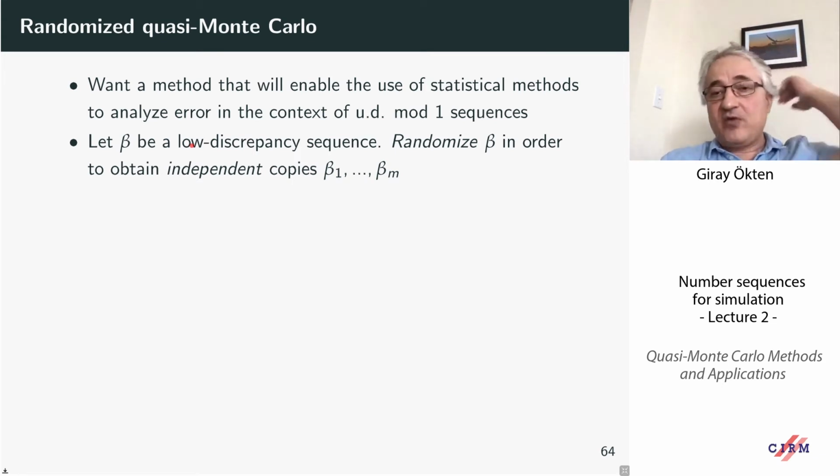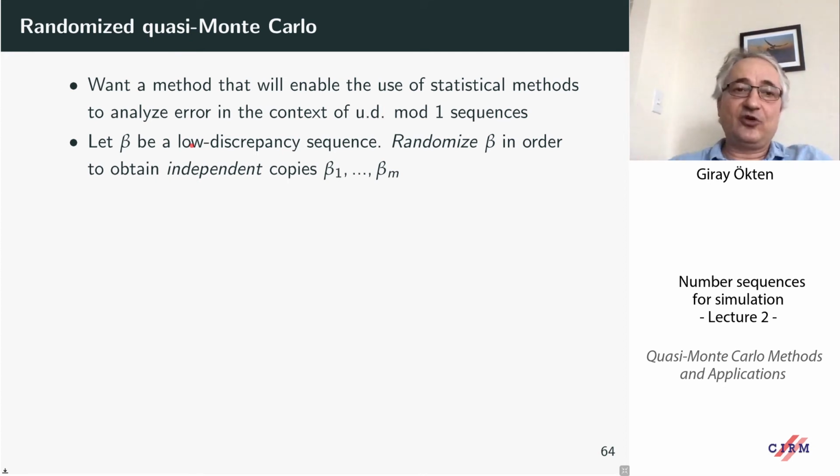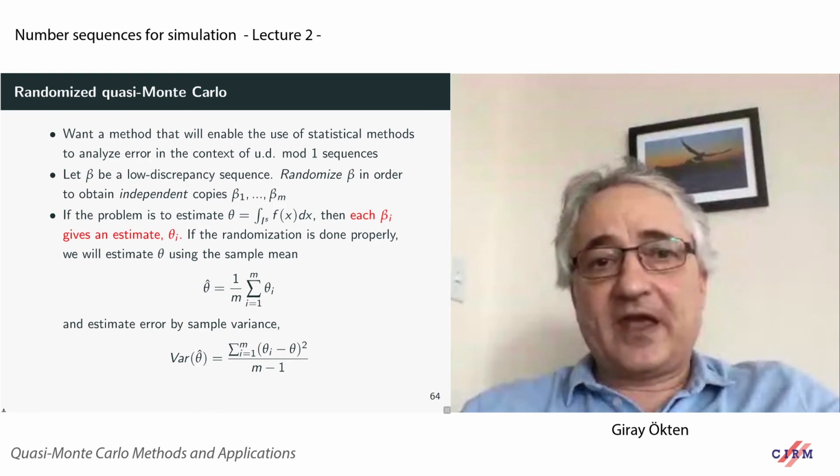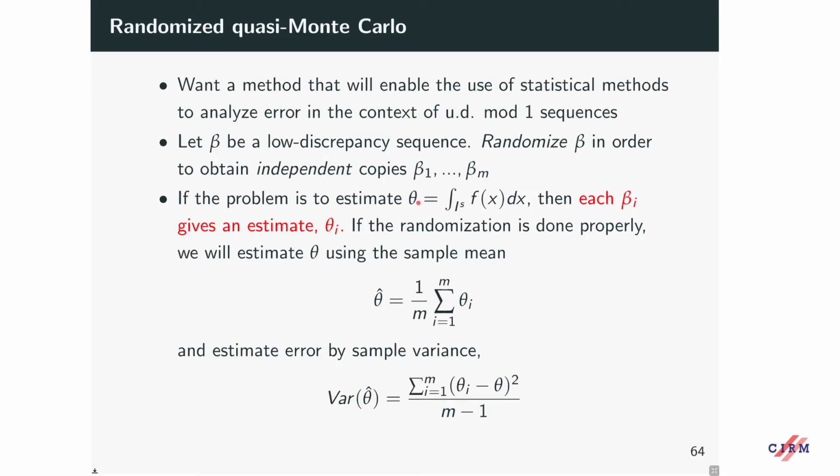I will tell you how to do that in a little bit. But for now, imagine that there is a way to take beta and then just randomize it, turn this into a different sequence multiple times. These are going to be all statistically independent. And if I am trying to compute this integral, and I am going to use beta i, I obtain an estimate theta i by simply the standard way.